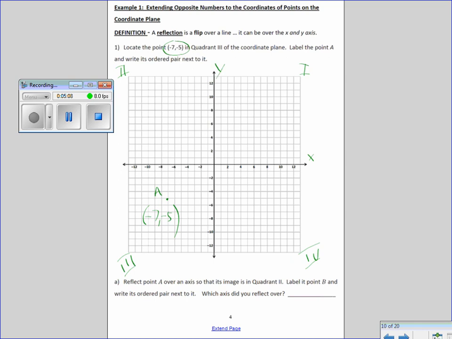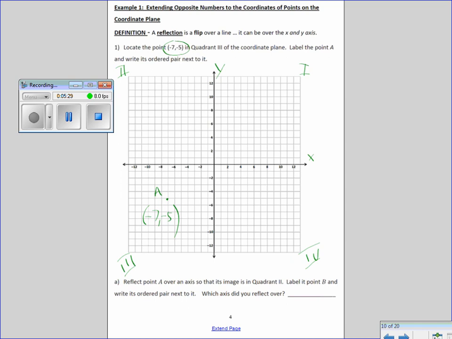So what I'm going to do is take the point A and reflect it over the x-axis and make my new point. Now when you do that, technically my first coordinate is what? Is it positive or negative? Negative what?